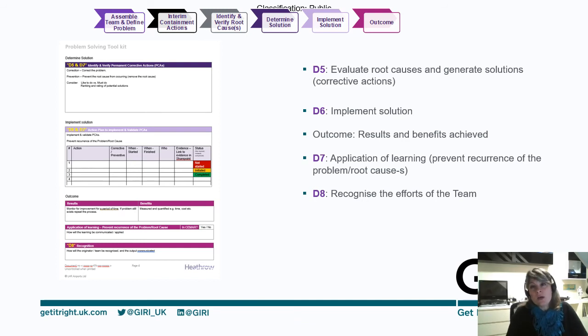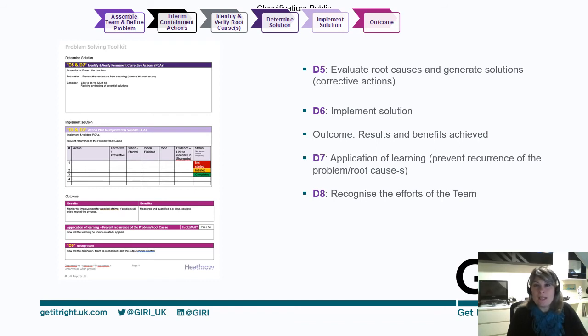Once you have identified potential root causes, these are all documented clearly, and we have a space here in our toolkit where we document them. You need to go and verify and evaluate these root causes, and usually you verify them against the is and is not analysis.